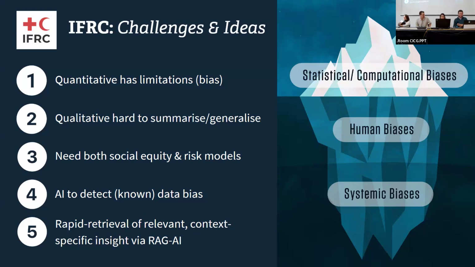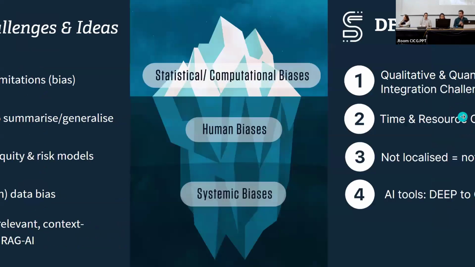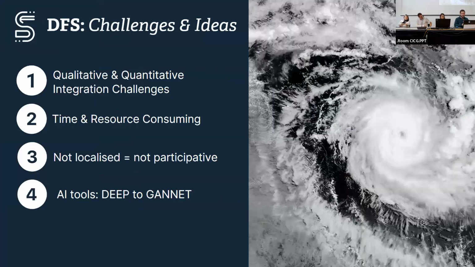Thanks, Hamish. I'm afraid that before the tool, I'm going to be the pessimistic guy and also talk about a few challenges. But I'll try to introduce the tool in the best way. Many of the challenges have already been mentioned. It's clear that qualitative and quantitative integration is still a challenge.